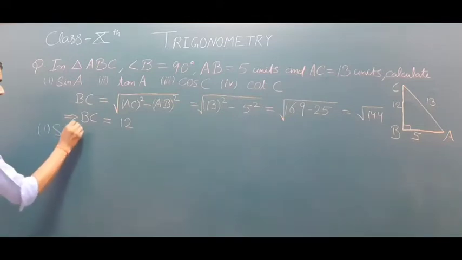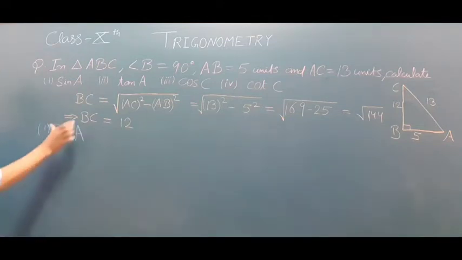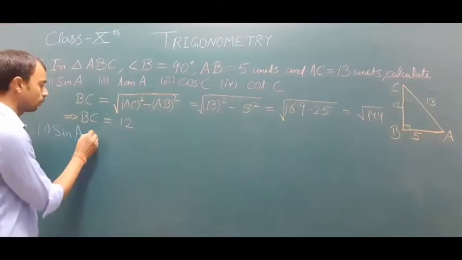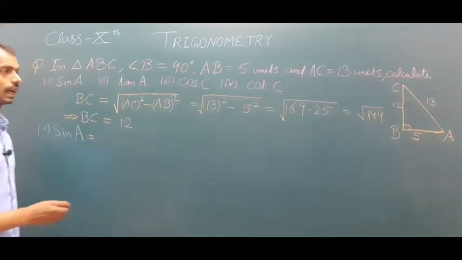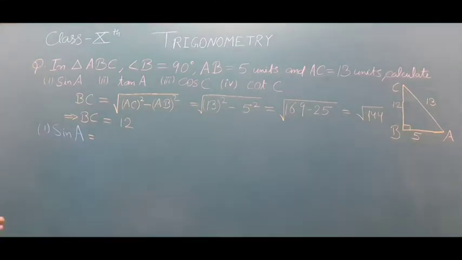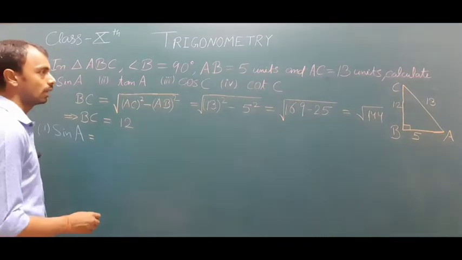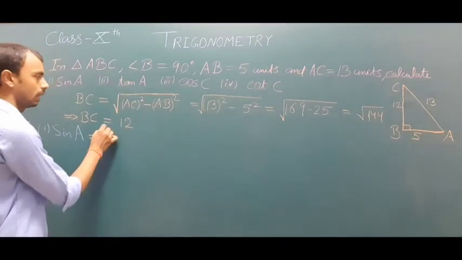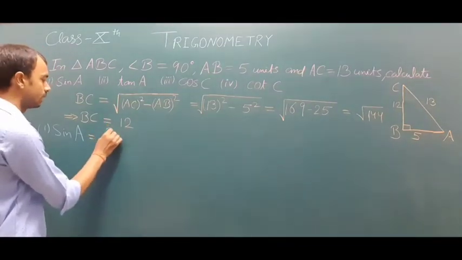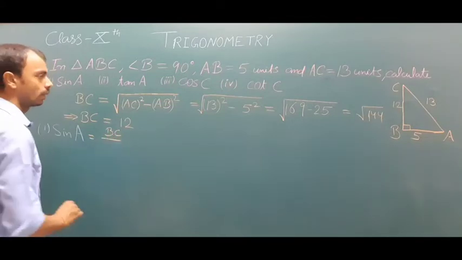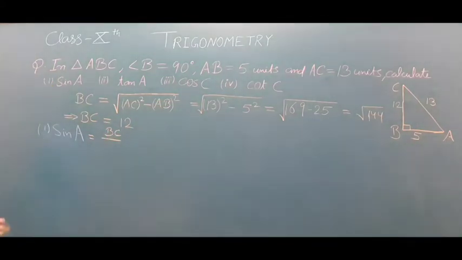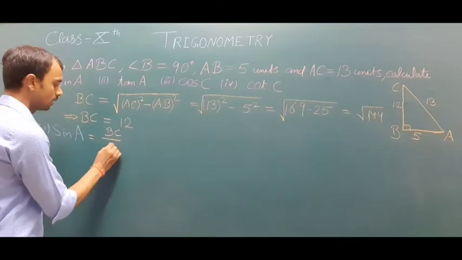First one is sine of A. Now what is sin A? As I have told you, sin A is opposite side upon hypotenuse. The opposite side of angle A is BC, upon the hypotenuse, which is AC.